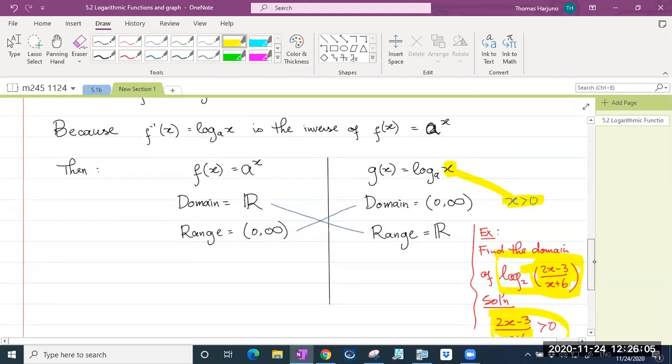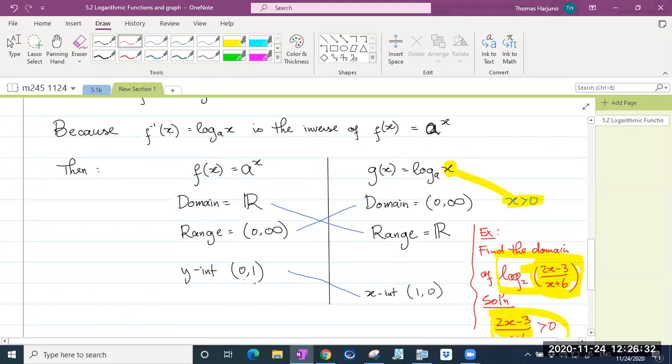Okay, now let's go back. The y-intercept in the exponential function, which is (0, 1), relates to the x-intercept in the logarithmic function, that is (1, 0). Remember, the inversing happens when you swap: x becomes y, y becomes x.